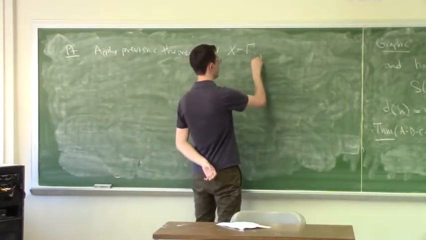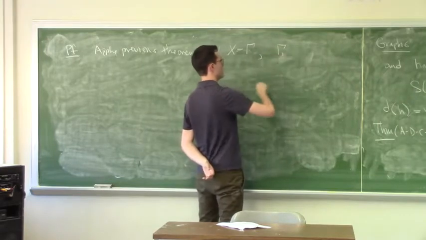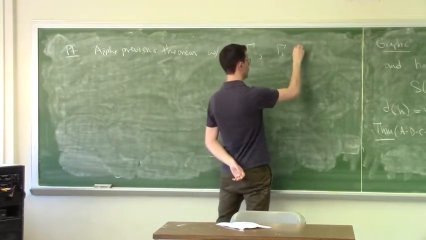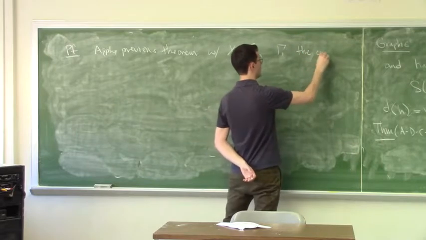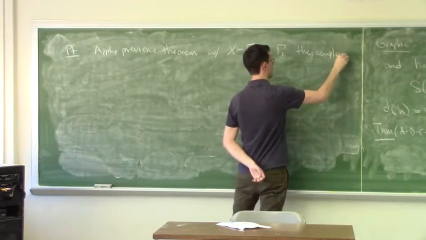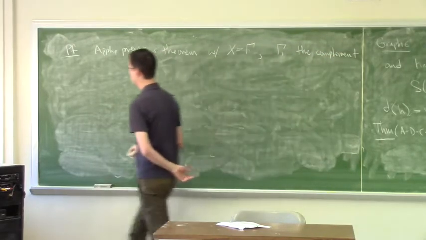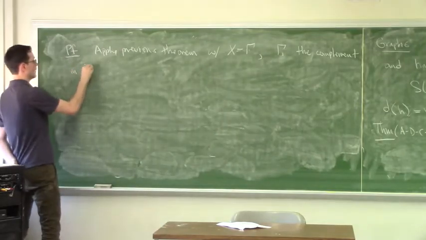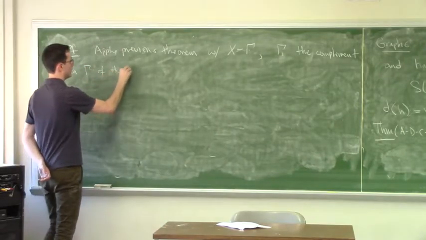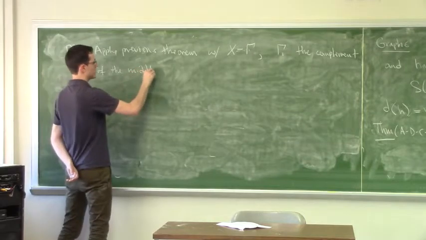So we're going to take the left-hand piece of gamma to be the complement in gamma of the middle of each edge.